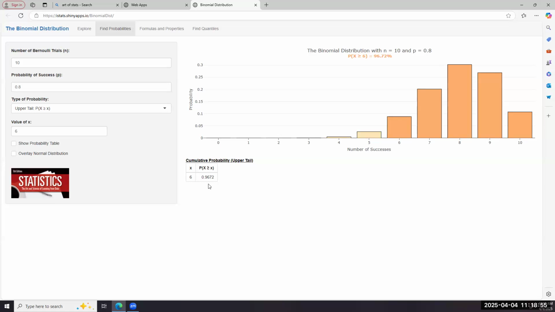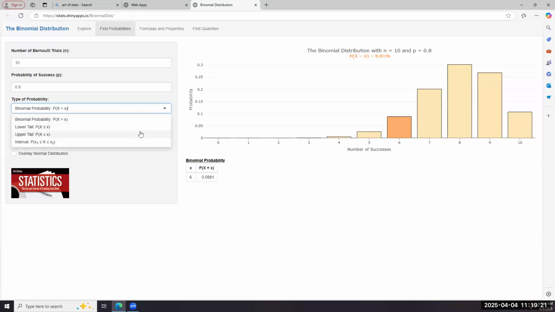Sometimes these numbers may be different. Be careful. Equal to 6, you see, I go back and check it. I got 0.881. You have to write the final answer in percent, which is going to be equal to 8.81%.